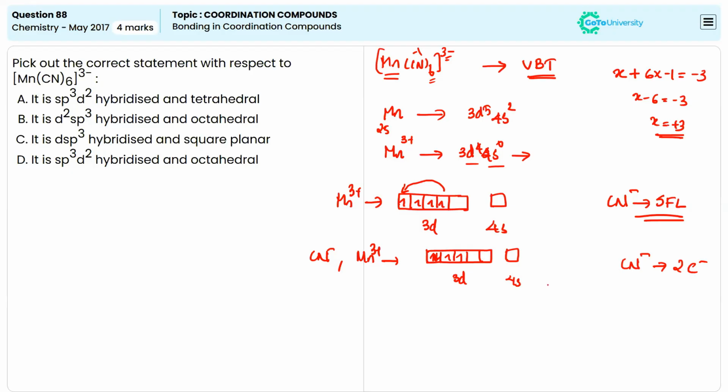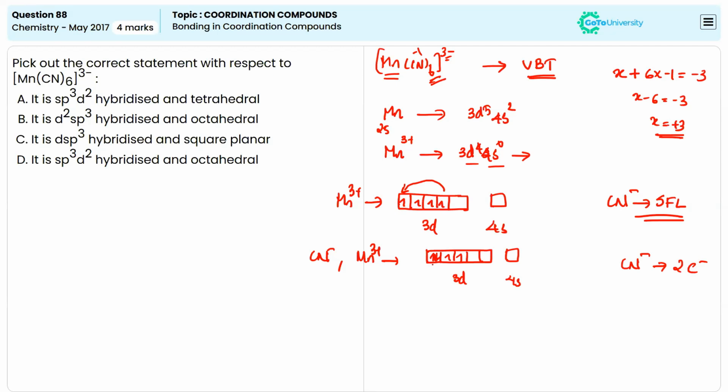So during the donation of these electrons, how many ligands are here? We have 6, right? So 6 orbitals should be free to get the electrons from 6 CN minus ions. So we need 6 vacant orbitals to accept 6 electron pairs from 6 CN minus ions.